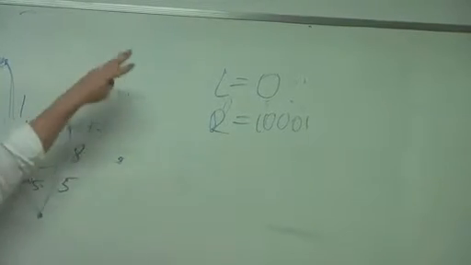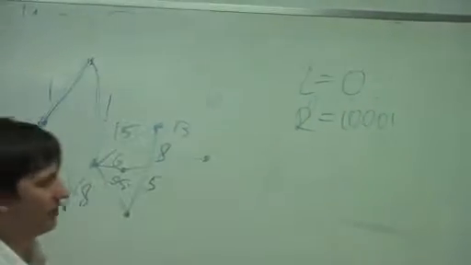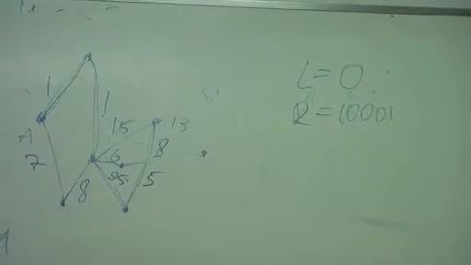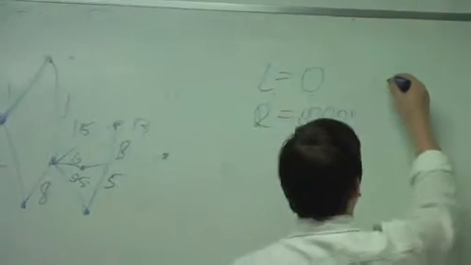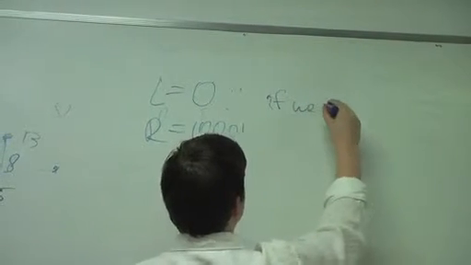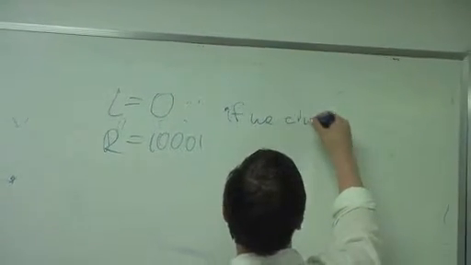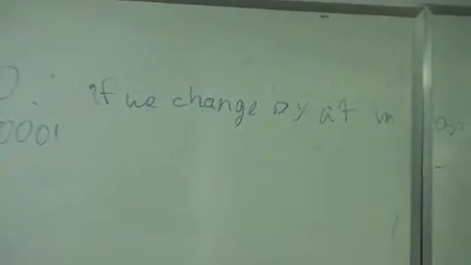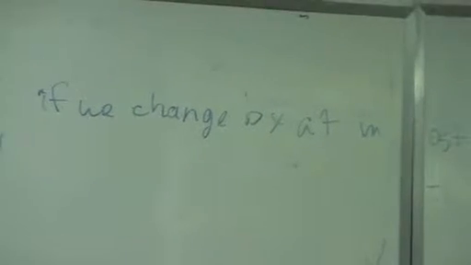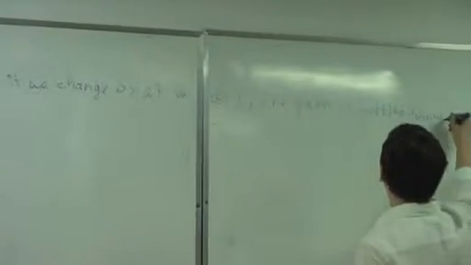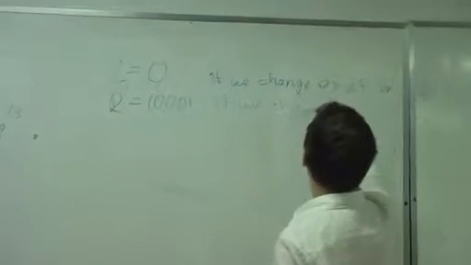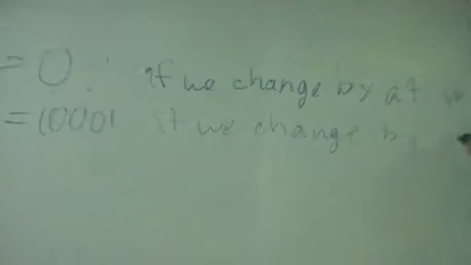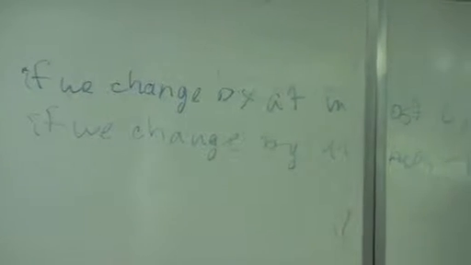The variables left and right that you have in binary search usually should have a meaning. So here we would say that if we change by at most l, the path is not the shortest. If we change by at most r, the path is the shortest.